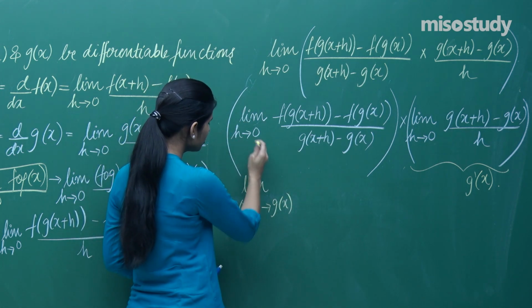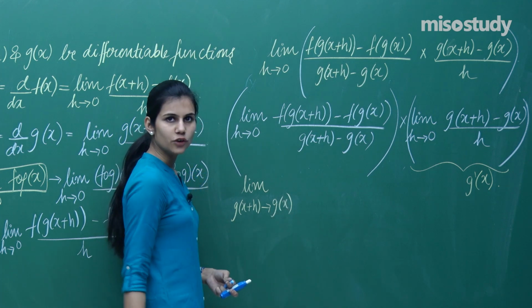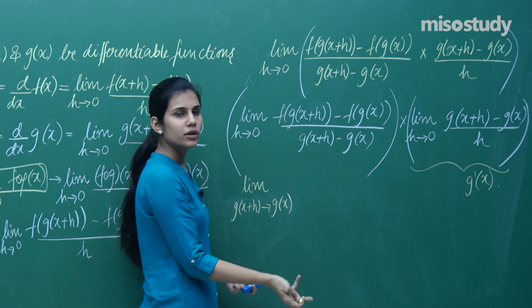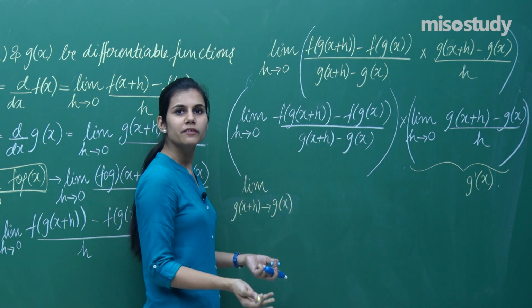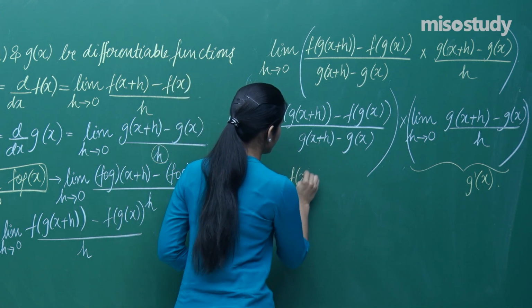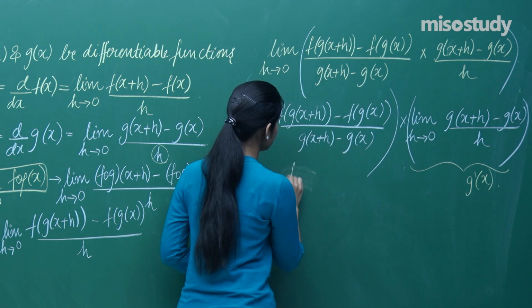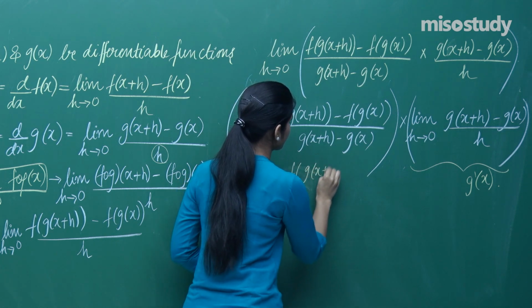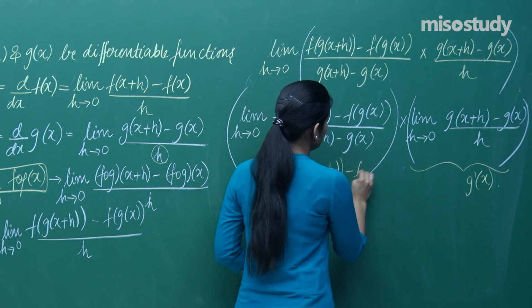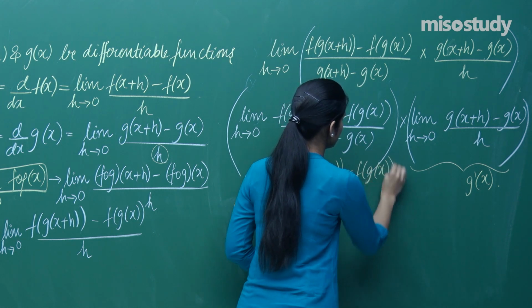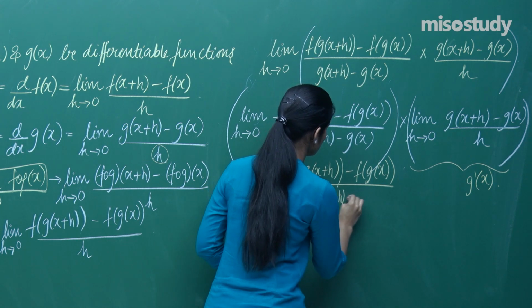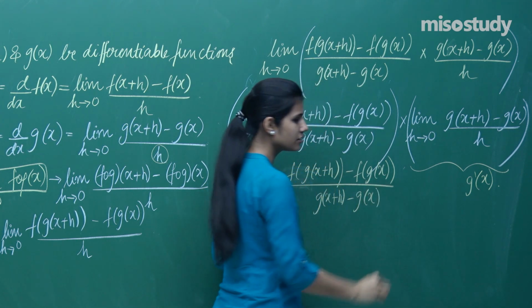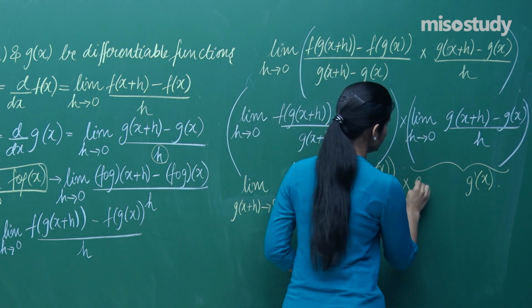So, either tend h to 0, then the same thing will happen, or tend g of x plus h to g of x, then also the same thing will happen. This is f of g of x plus h minus f of g of x, whole upon g of x plus h minus g of x, multiplied by g dash x.